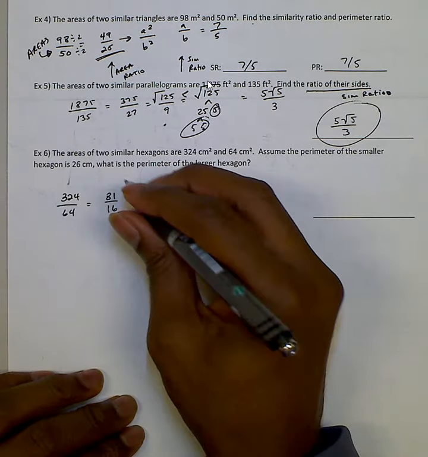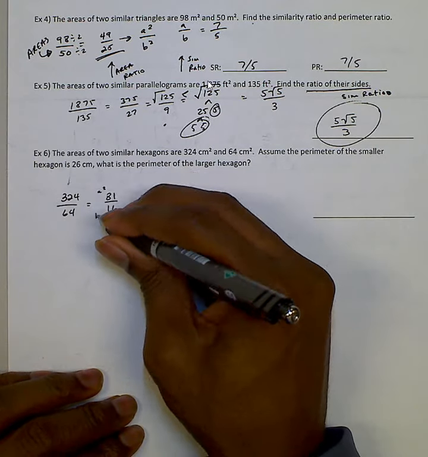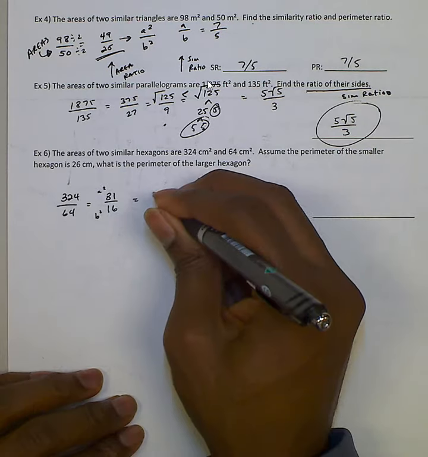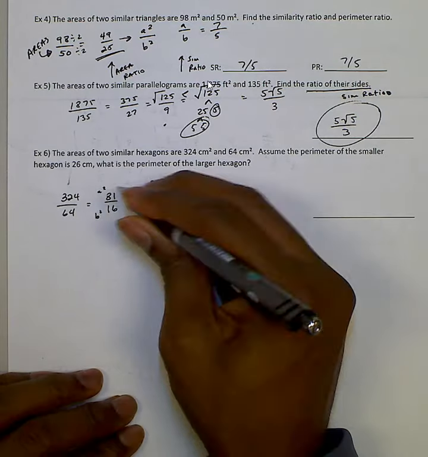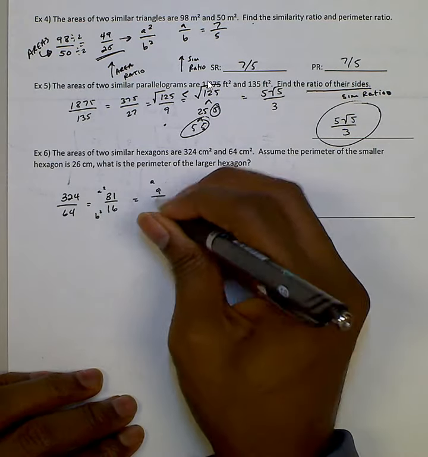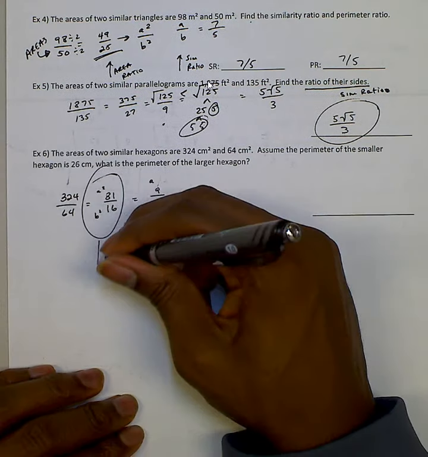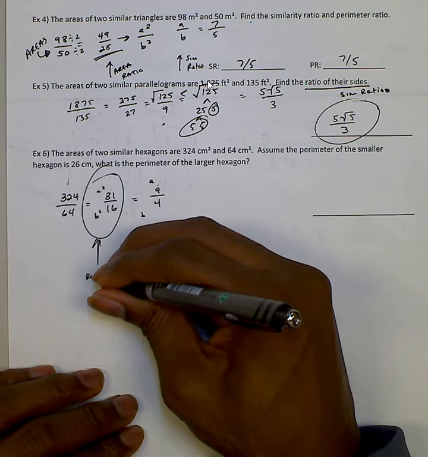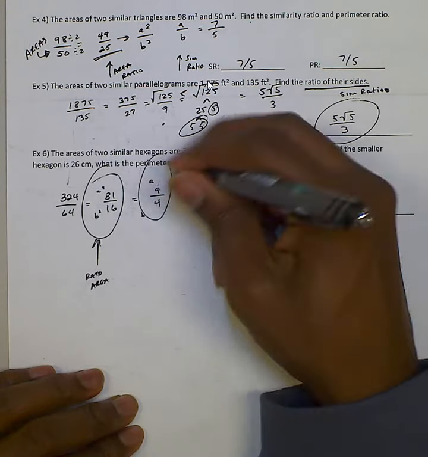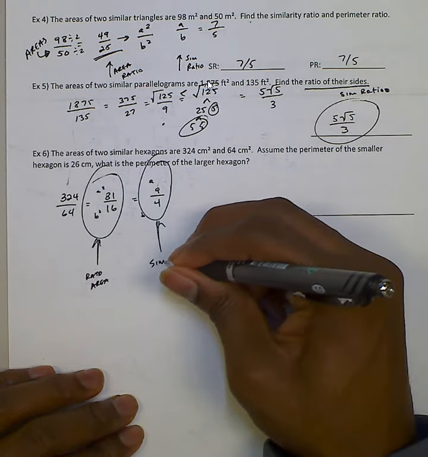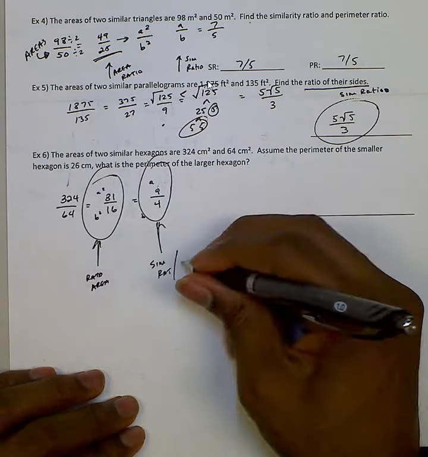And so, since this is areas, I know that this is a squared over b squared. A squared, that means a, square root of 81, which is 9. B squared is 16, which is 4. This is my area ratio, or ratio of areas. This is my similarity ratio. Remember that the similarity ratio will be the same as my ratio of perimeters.